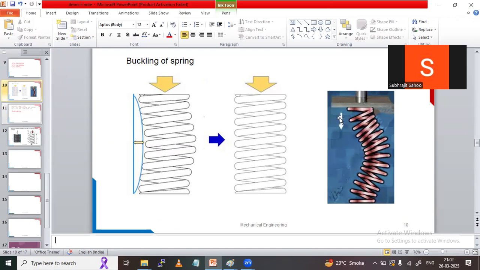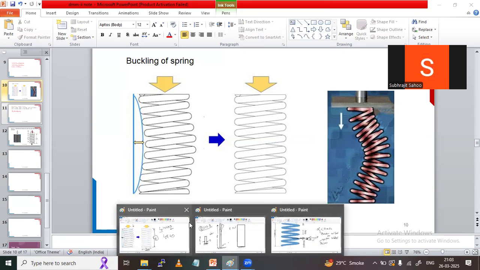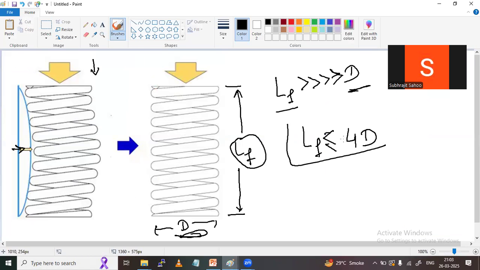Otherwise, if your free length is not in the proper ratio of the coil diameter D, then even if a very small amount of load is applied, there is a chance of buckling of the spring. To avoid this, this is the rule. This is known as buckling of the spring. I hope you understood this one.